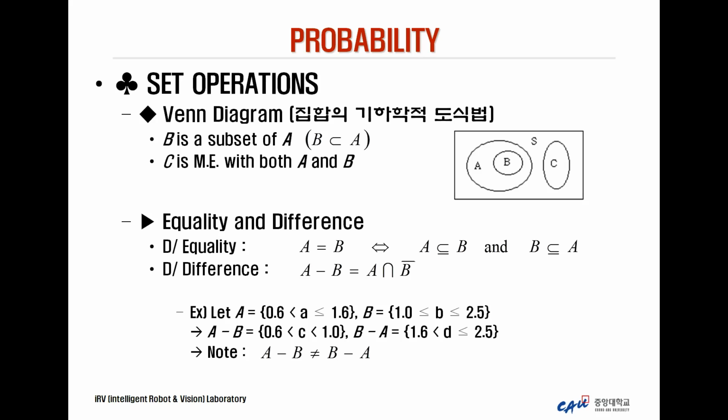Then A minus B gives a new set C, whose elements are greater than 0.6 and less than 1.0, and B minus A is another set, whose element small d is greater than 1.6 and less than or equal to 2.5. So note that A minus B is not equal to B minus A. They are not commutative with each other.